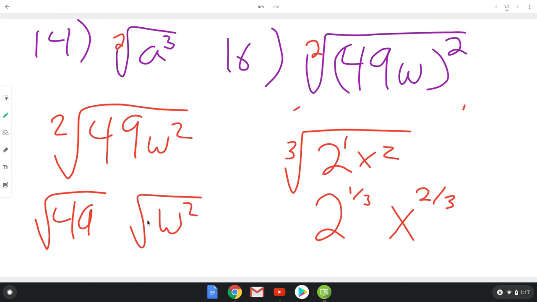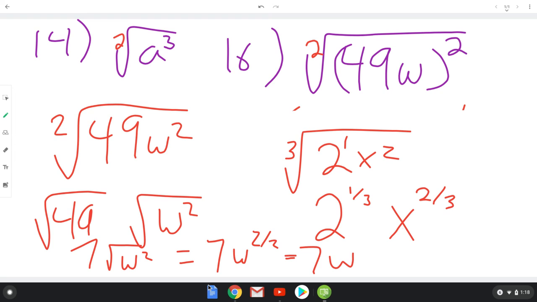That's something we're allowed to do with square roots. And so then we can see that the square root of 49 is just 7. So this would be 7 square root of w squared, and then I could rewrite that as an exponential. So 7w to the 2 over 2 is 7w to the 1, which I don't have to write.